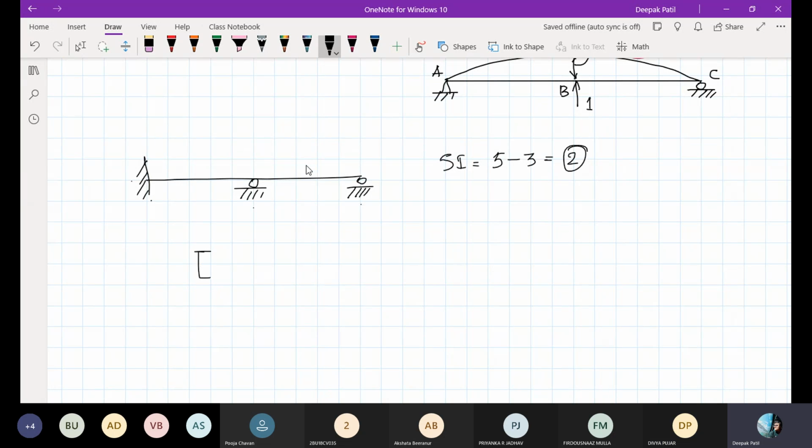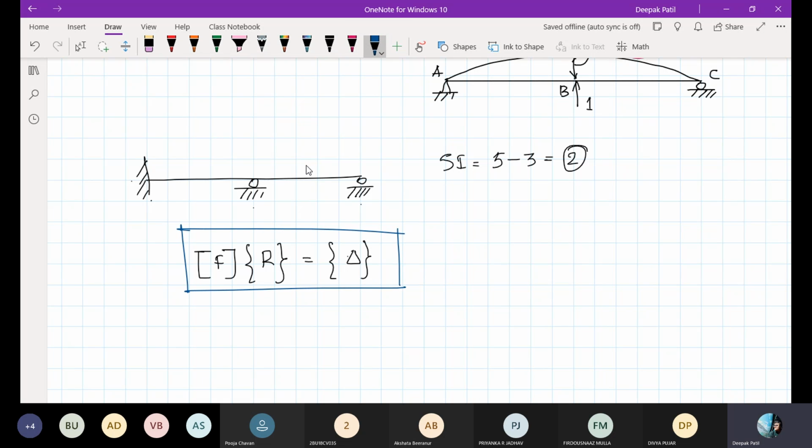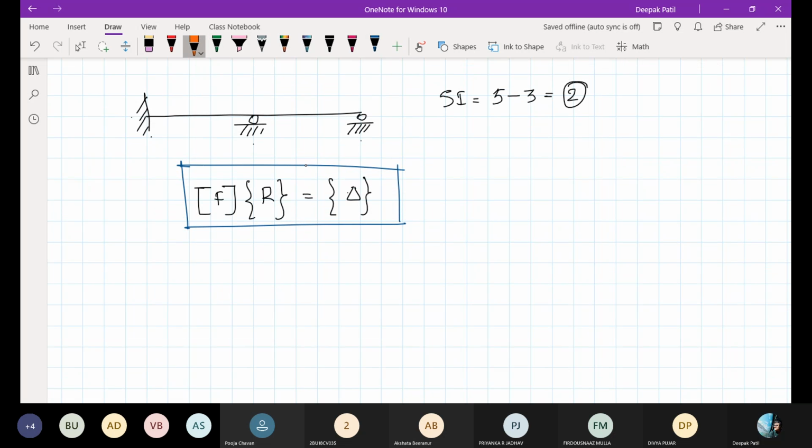But now at the end, I want to give one equation called the flexibility matrix equation. I will explain what all these things are. Now what is the meaning of each and every term? This is called the flexibility matrix.